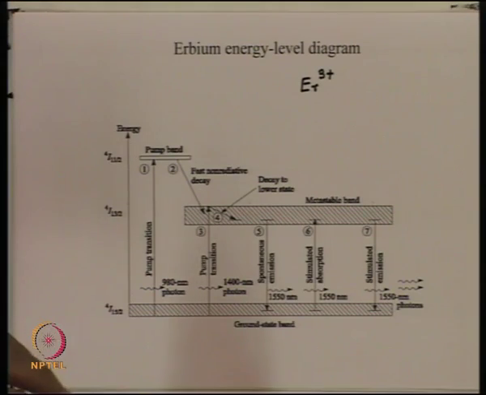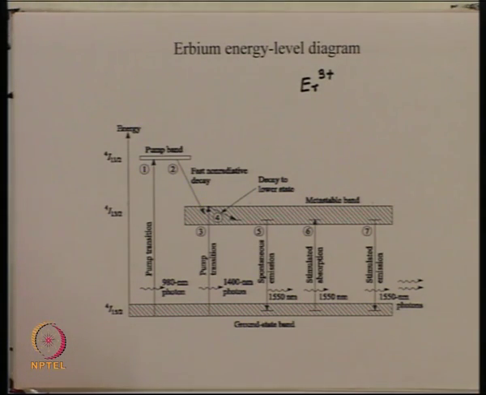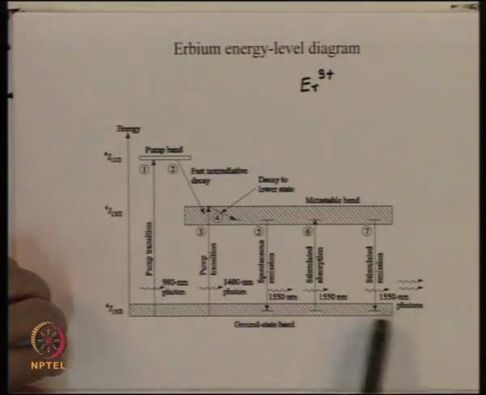Three electrons of this erbium atom are gone, so that's why it is positively charged. If you take the glass and dope it with these erbium ions, then we have the energy levels which will look something like this.